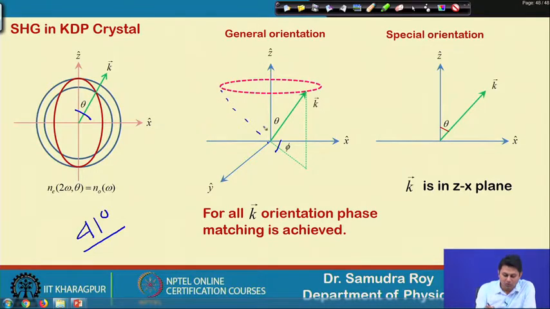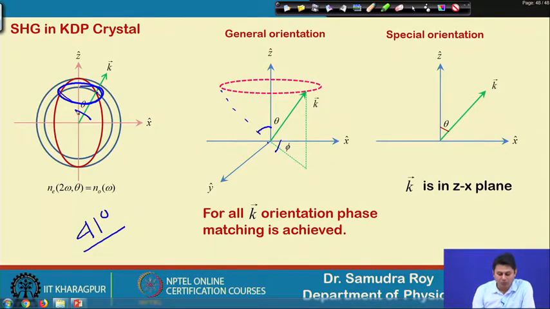In this cone, for all orientations of the k, this angle is theta, because this is eventually a 3-dimensional figure. For a 3-dimensional figure, we have a rotation like this. For all cases, this is touching this point, which is basically round as shown here.